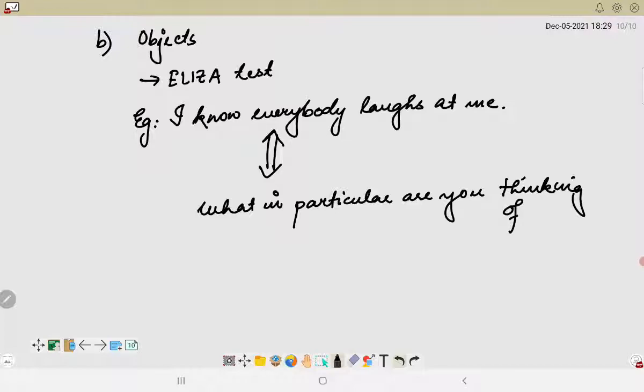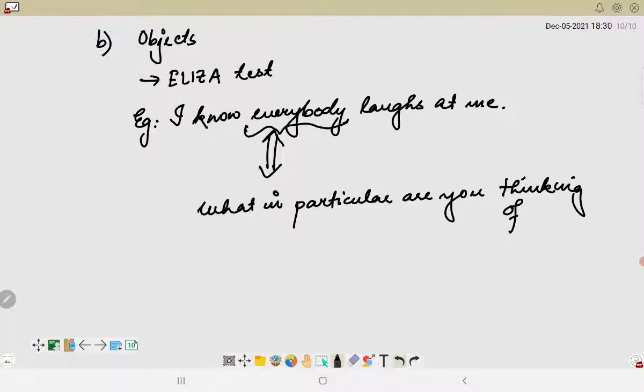Now this is giving a preference based on the object which is used. If I'm considering everybody, not always is everybody used, right? Everybody means we have to consider everyone who is present. That very seldom occurs because not everyone has the same mindset, right?